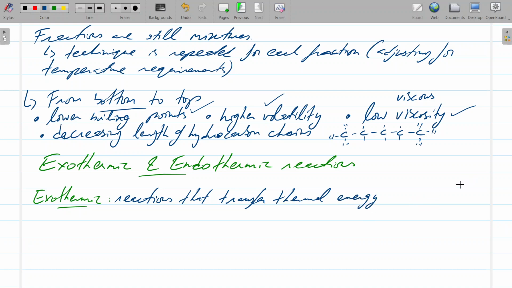No, freezing is not a reaction, that's a change of state. There is loss of heat, obviously, but it's not a reaction. So freezing is exothermic perhaps, but not in terms of a reaction.